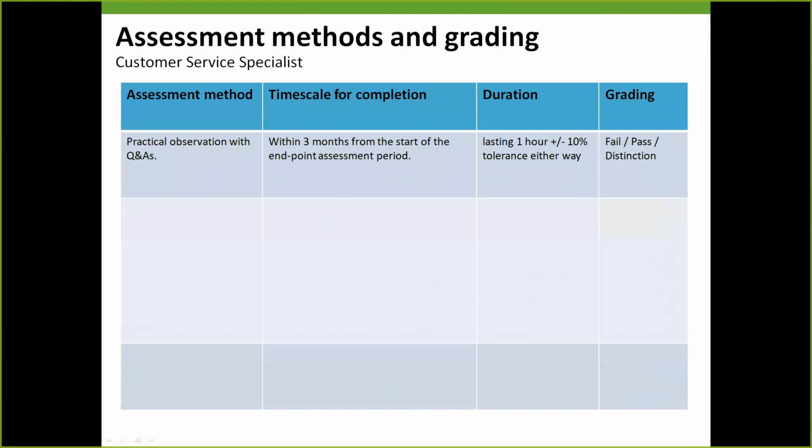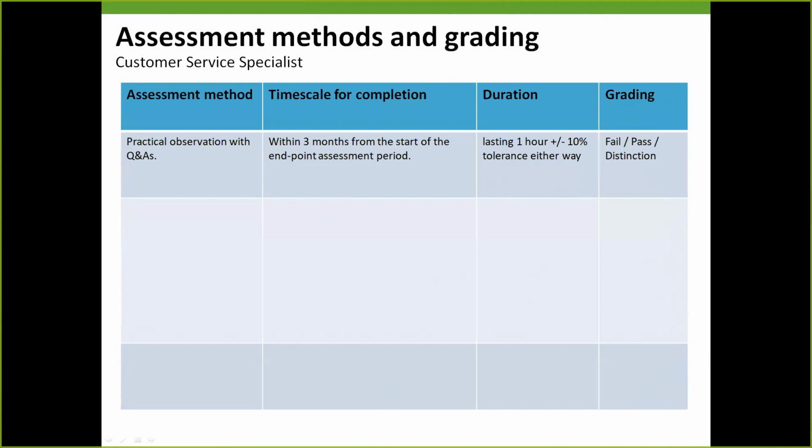So the observation is covered in one session. It should involve activities which allow the apprentice to demonstrate that full range of knowledge, skills and behaviours, and really refer to your annex around your grading and your criteria to make sure that you can help learners focus on those methods. It should also take place in the apprentice's workplace, and apprentices must be given at least 2 weeks' notice of the practical observation.